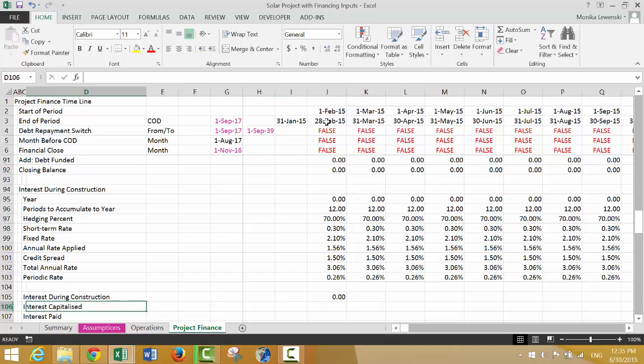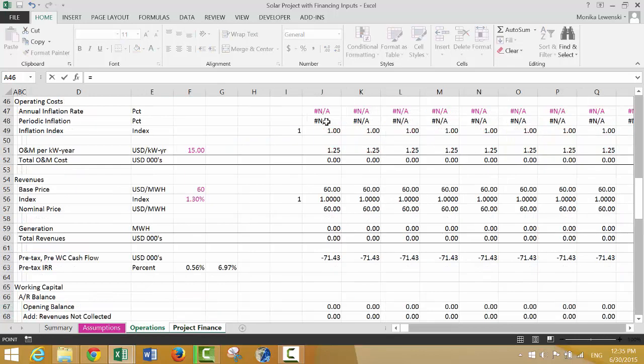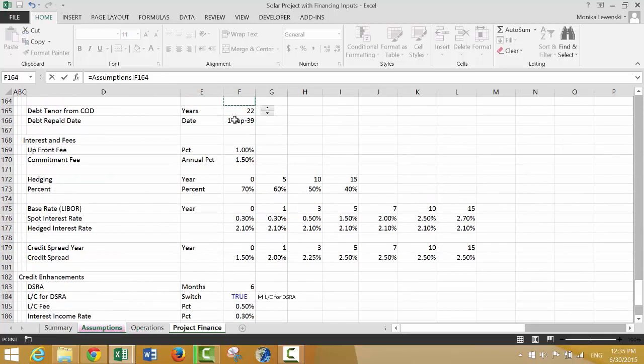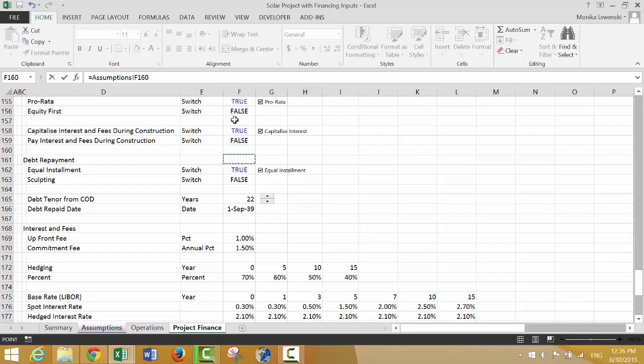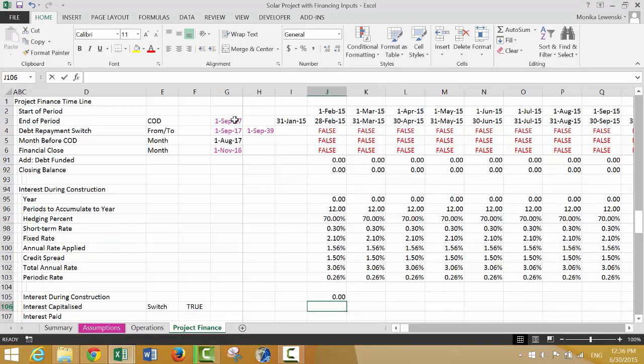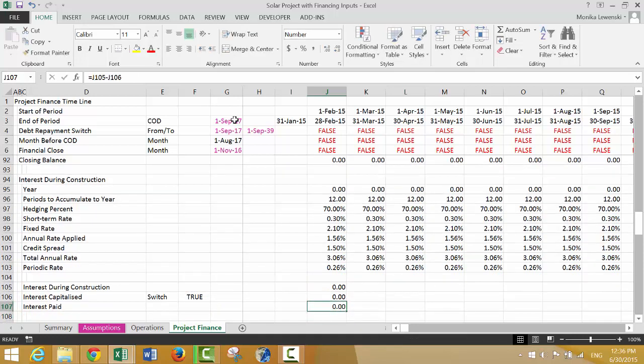Now, I didn't put the capitalized switch in here, so you remember we put the switch here, and we'll take this and multiply it by the F4, and then the interest paid is simply the total interest minus how much we capitalized.